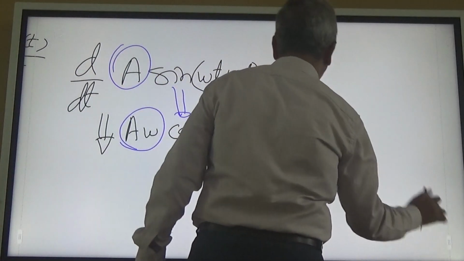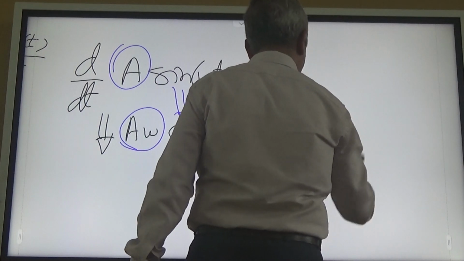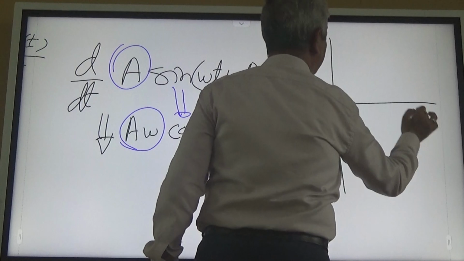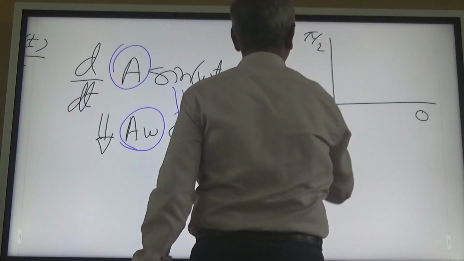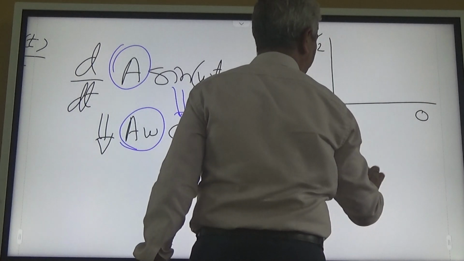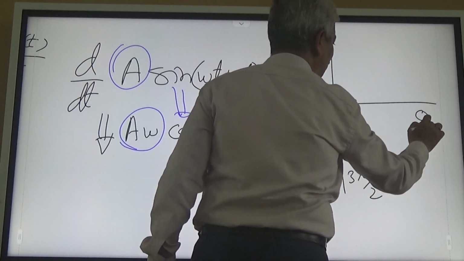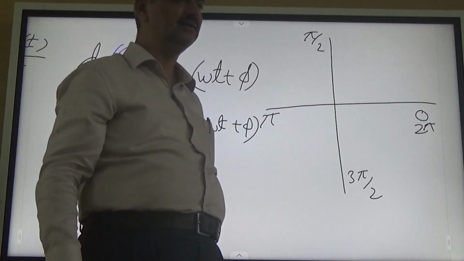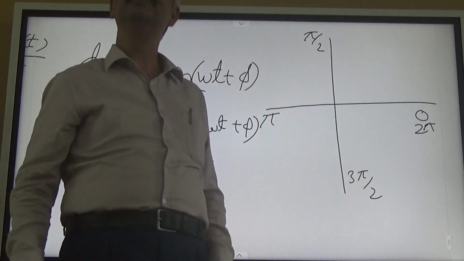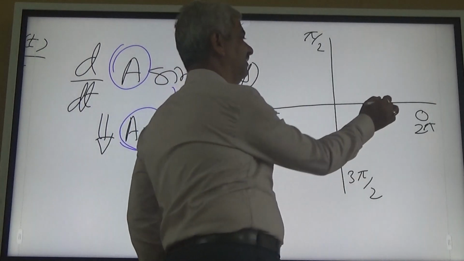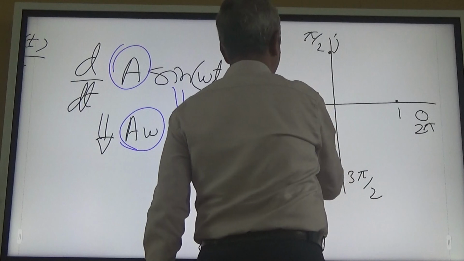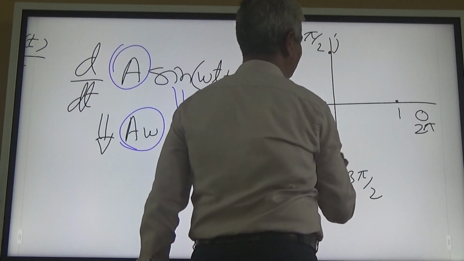Then we go to complex number theory, you know that angle 0, angle pi by 2, angle pi and angle 3 pi by 2 and 2 pi becoming 0. Is it right? Is it okay? And here you have 1, j, minus 1, minus j.